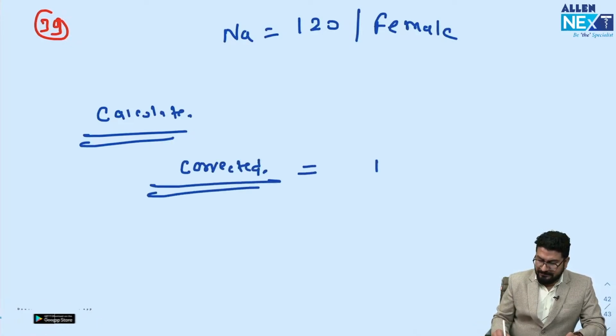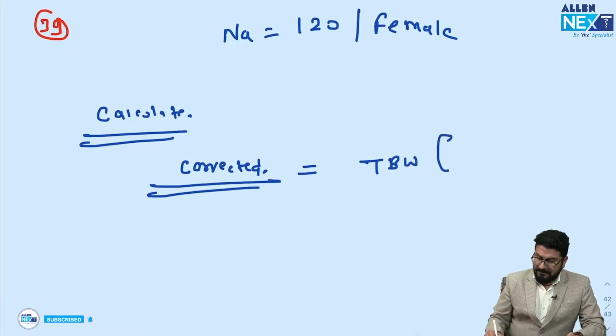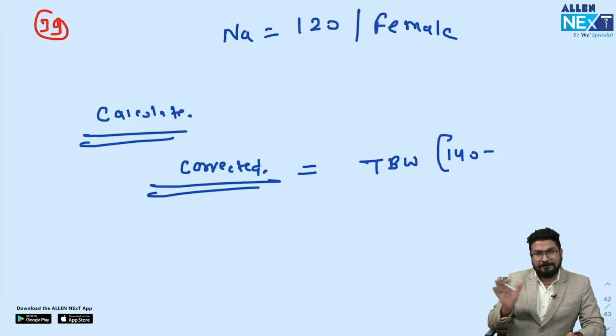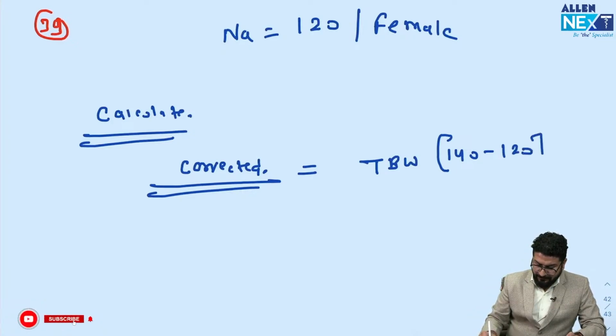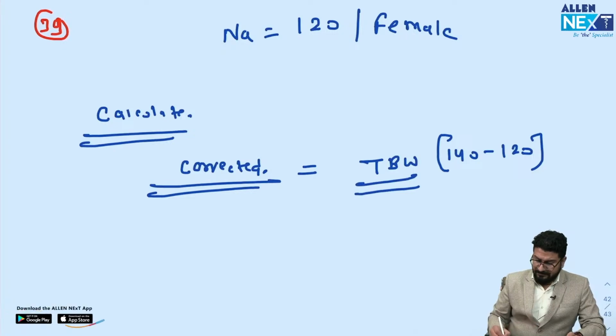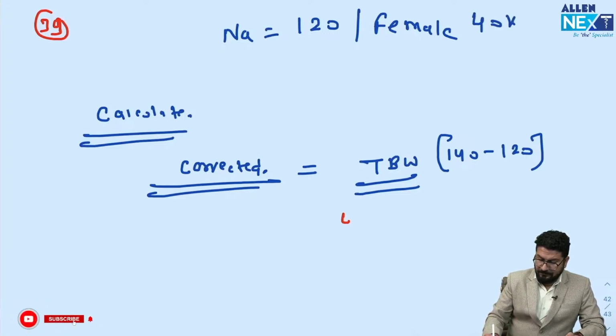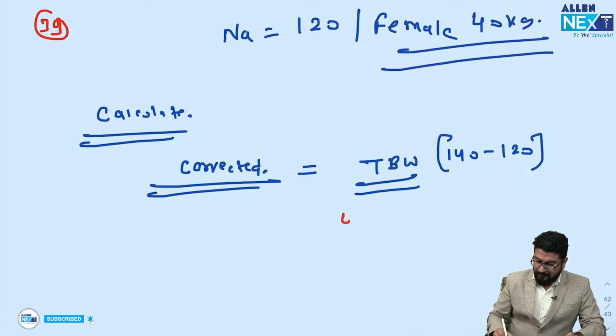We should calculate this by a formula: total body water times 140 minus the given value. 140 is expected, since 135 to 145 averages 140, and the given value is 120. Total body water you should know how to calculate; the patient's weight should be there. Weight was given as 40 kg.